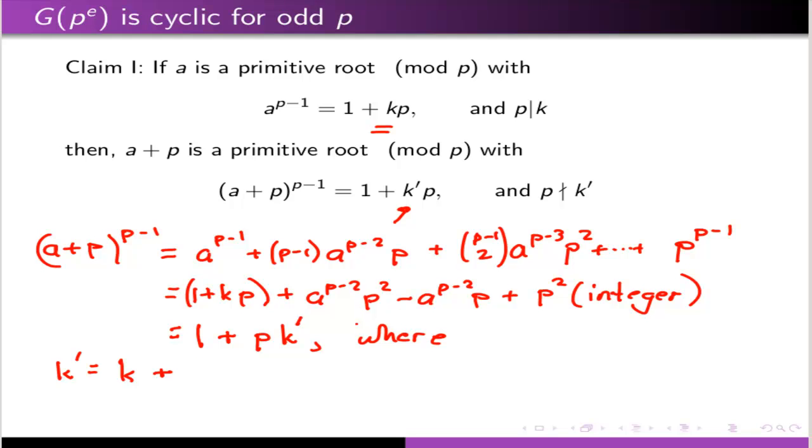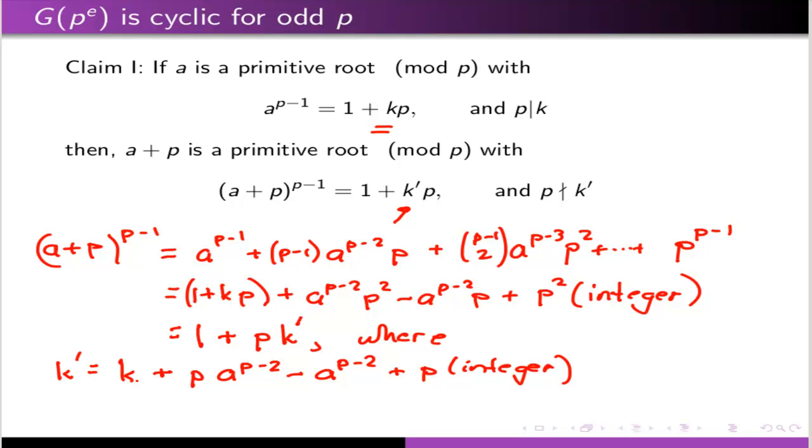On this term here, I will have a p times a to the p minus 2, and then I will have a minus a to the p minus 2 plus a p times some integer. So I pulled off the 1. Every other term had a factor of p, and I just look what's left over. And then I claim that p is not a divisor of k prime.